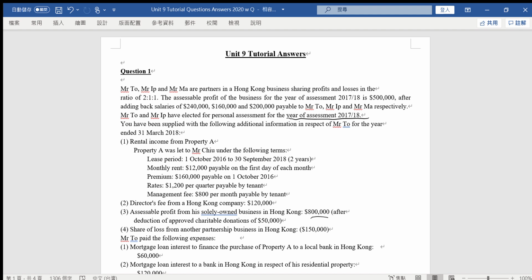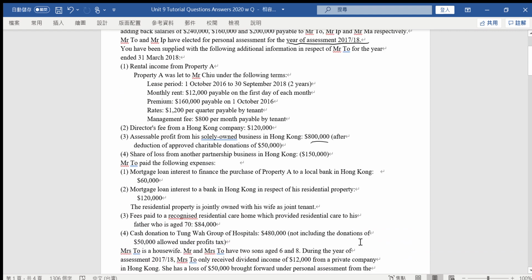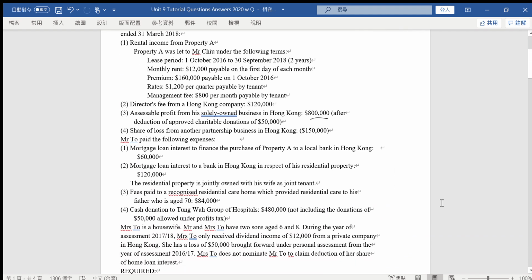Then the other one will be the share of the loss of another partnership company in Hong Kong. That will be 150,000. And to give you other information about Mr. To, he paid the following expenses.